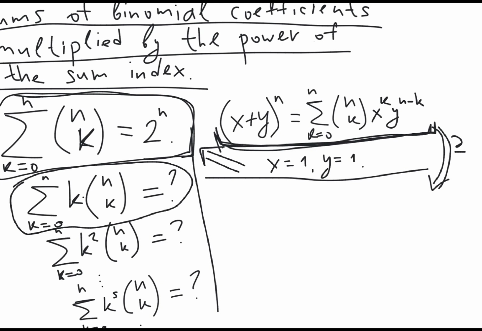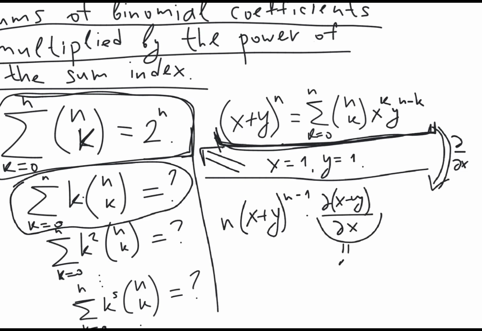On the left hand side, by the chain rule, first we take the derivative of the power, so n multiplied by (x plus y) to the power n minus 1, multiplied by the derivative of the inside, the derivative of x plus y by x, which is equal to 1.